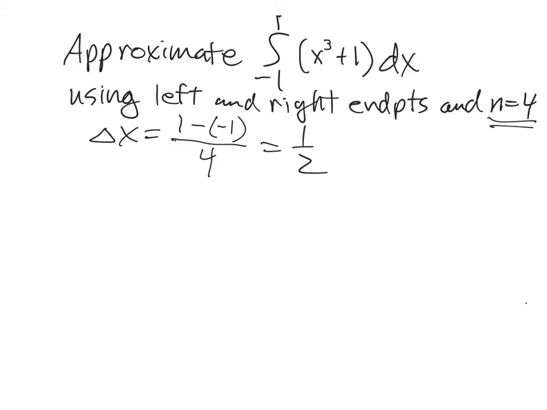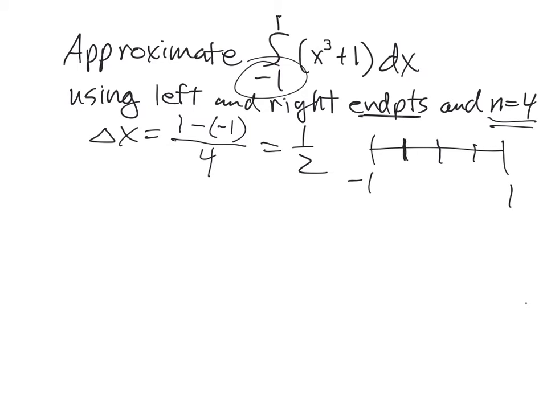But anyway, 1/2. Now, the endpoints, we need to figure out the endpoints of each subinterval, and we start with -1. We'll end at 1, so with 4 of them, we'll need to figure out what these 3 inner endpoints are.